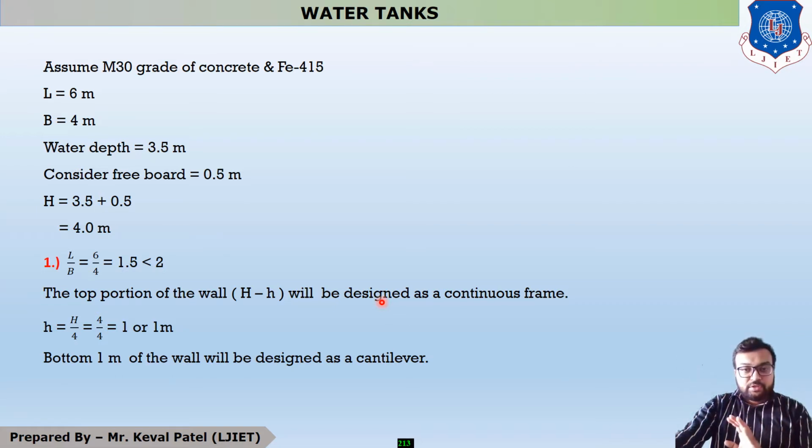What is the condition of small h? The condition of small h is capital H by 4. Capital H by 4 is equal to 1 meter, or second condition is constant 1 meter, whichever is more. But here both the values remain same. So the bottom 1 meter of the wall will be designed as cantilever portion.